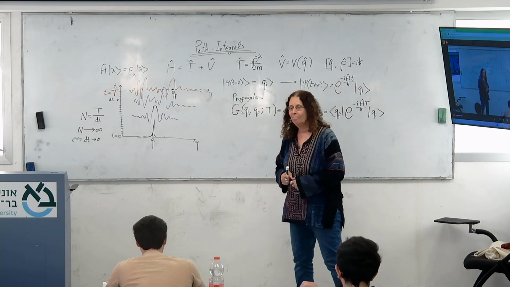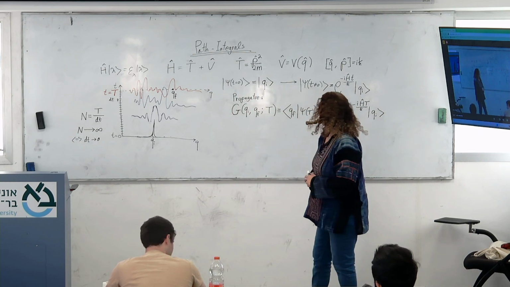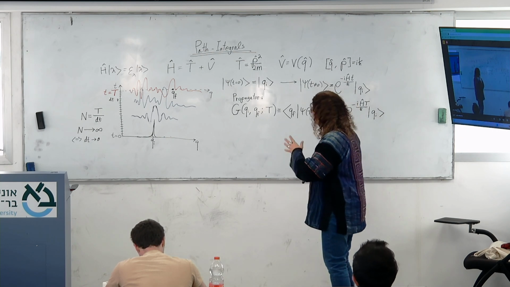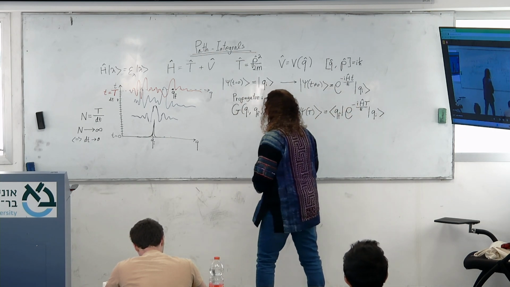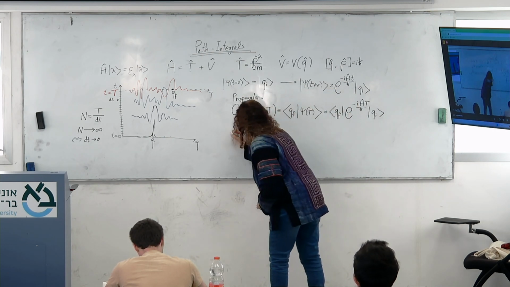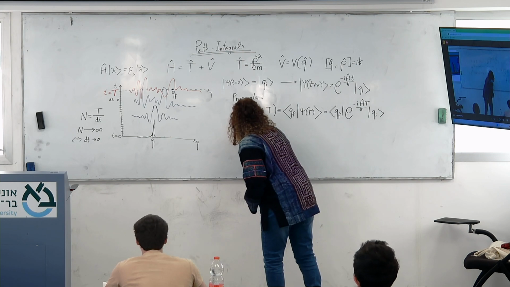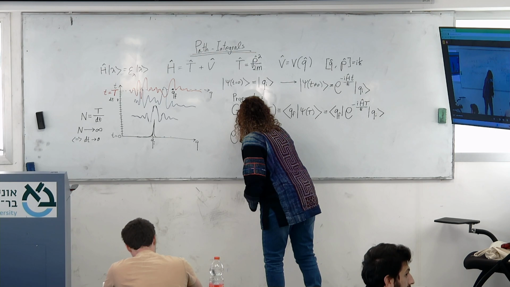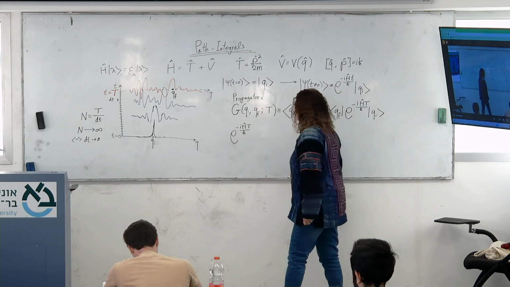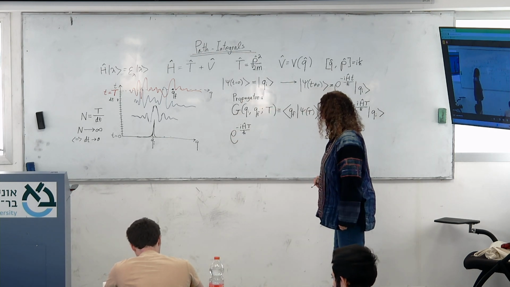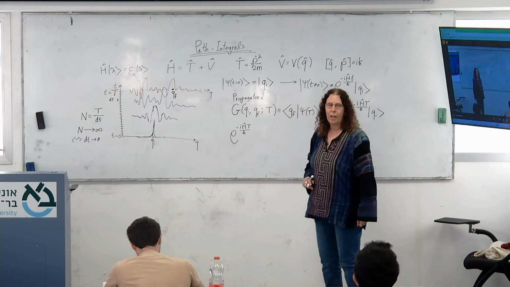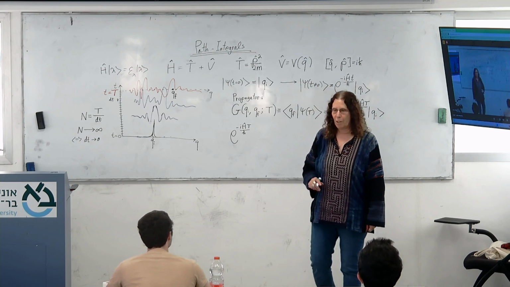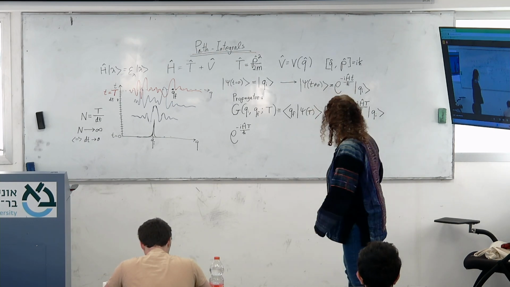Okay? That's the idea, and now let's see how we do it. So I'm taking the time evolution operator, and I'm now going to write down an approximation that I'll justify in a minute.